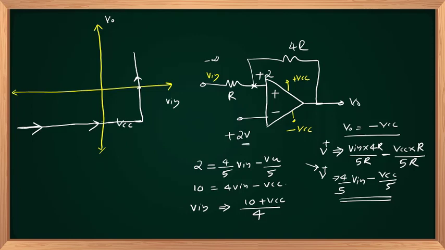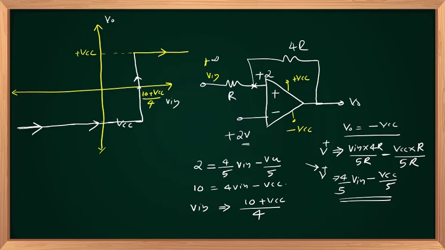So the moment V in reaches a value equal to 10 plus VCC by 4, I'll have V plus equal to 2 volts. Beyond that, V plus will be greater than V minus, so the output goes to plus VCC. And if V in is plus infinity, this will be more than 2 volts, so it stays at plus VCC forever, right?